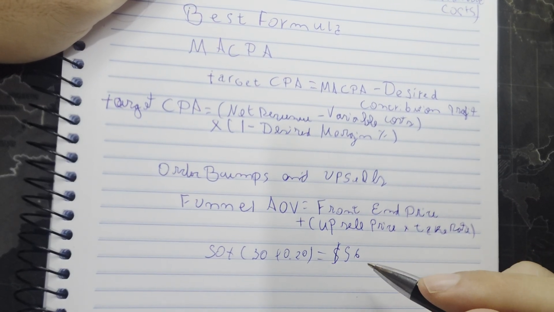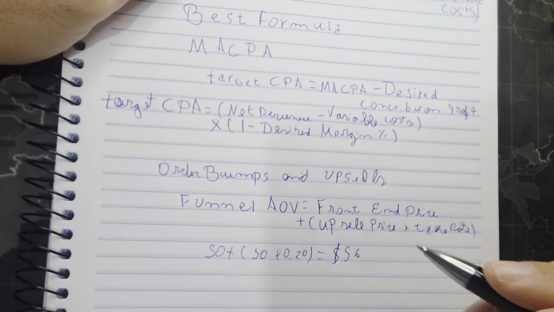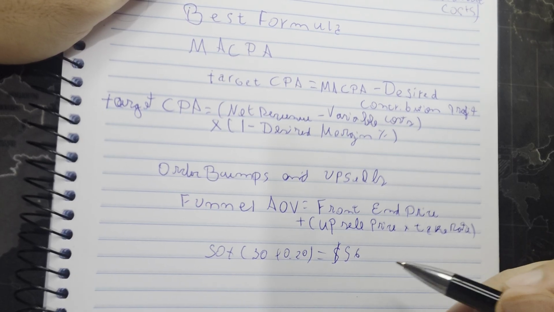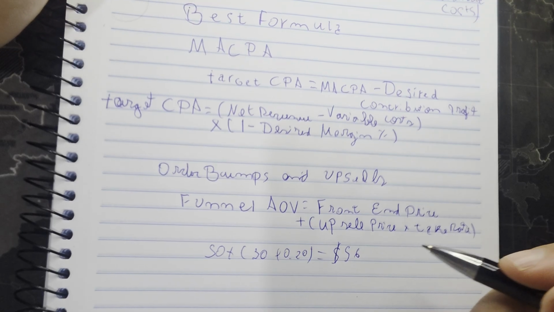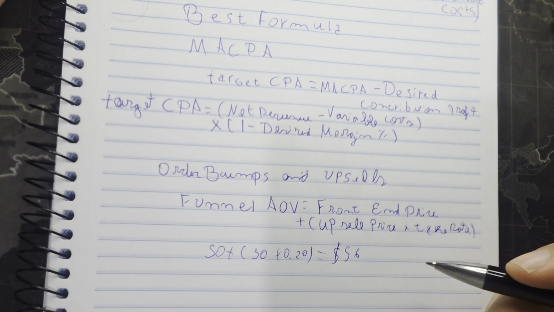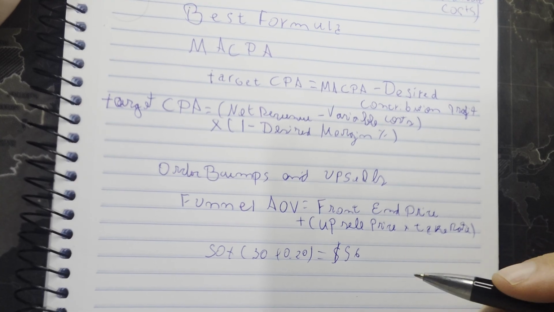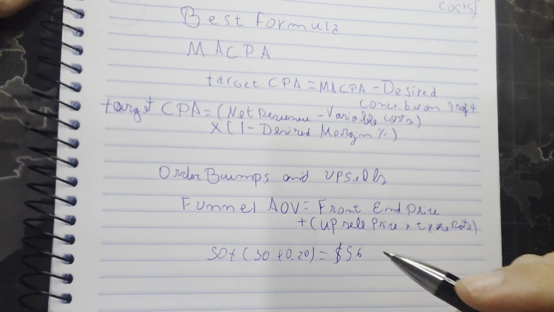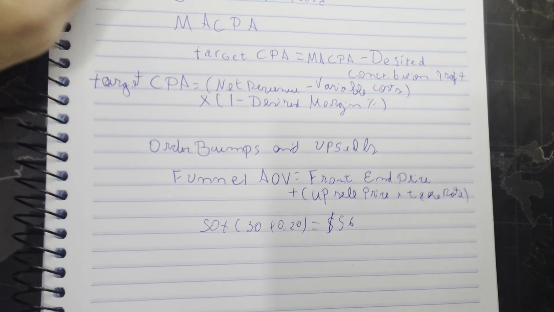The impact is an extra $6 in AOV flows almost entirely to the contribution margin minus minimal COGS, allowing the advertiser to increase their target CPA by nearly $6. In a competitive auction, a $6 higher bid can be the difference between dominating a niche and invisibility, okay?